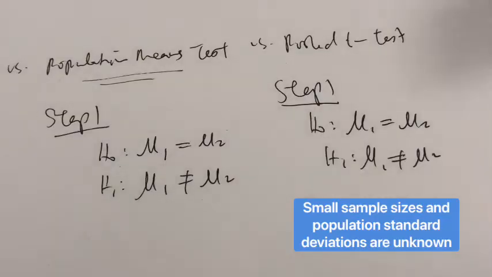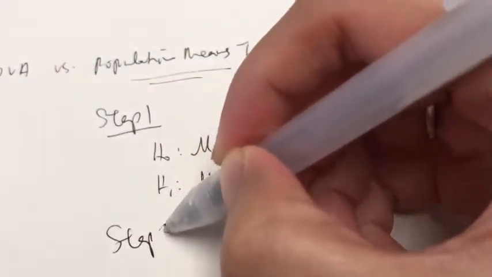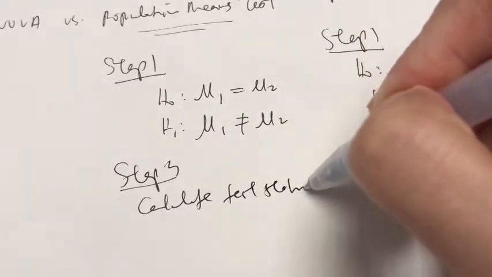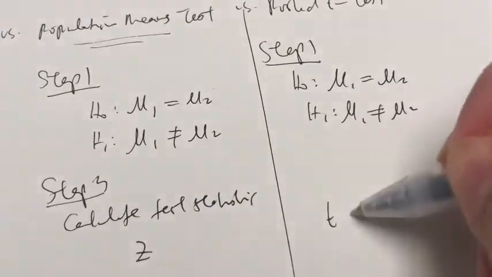And normally when it's a small sample size, we do not know the population standard deviation. So that is why here, for step 3, let's just compare. When we want to calculate the test statistic, here we will use the Z distribution, and here we will use the T distribution.